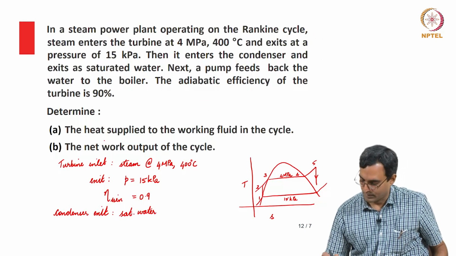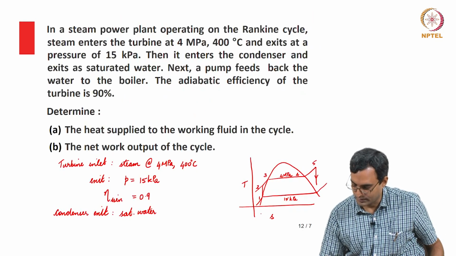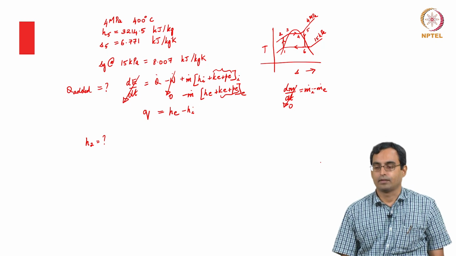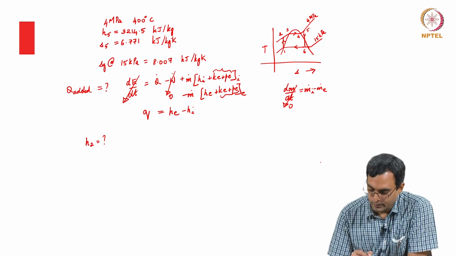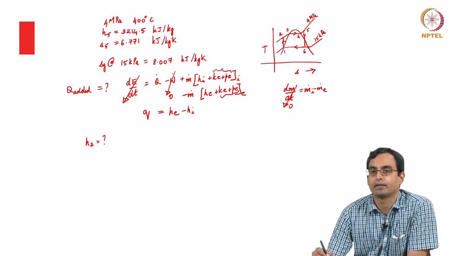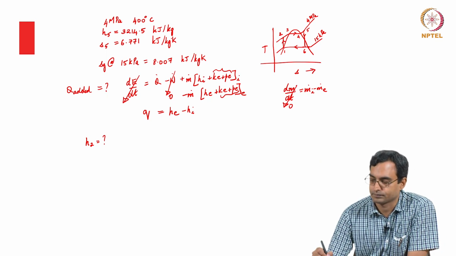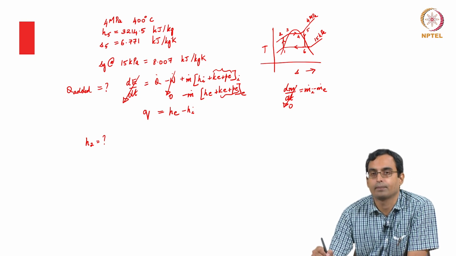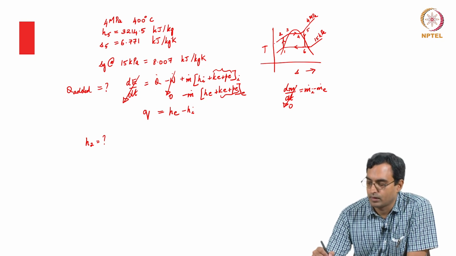Let me just confirm I have been using the same nomenclature in both the figures. Yeah. So, I need to find out now H2. How do I find H2? I know at point 1 I am at saturated liquid. At point 2 I know the entropy is the same as the entropy at point 1, and I know the pressure on this line 2, 3, 4, 5.